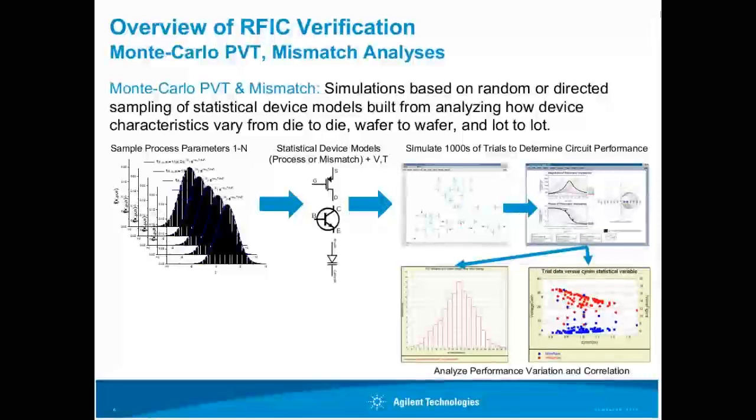You can combine that model set with voltage and temperature, so you can have static variables, and then your simulation runs. From that point, the loop starts over again, and another random or directed sampling of the process parameters is done, translated back through the device models, and another simulation set is produced. You usually run thousands of these so that you can build statistically significant results.